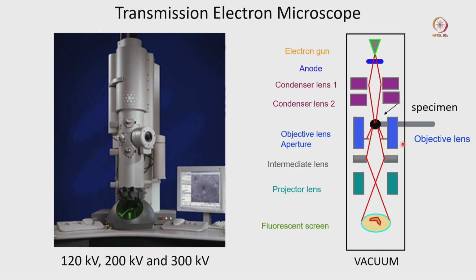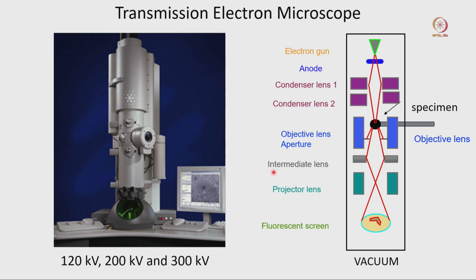Now this is the objective lens where our sample will stay. This is called the stage of the microscope. This is the stage or goniometer, and in the same part, showing the inner part of the microscope, you can see there are two objective lenses, the upper objective lens and the lower objective lens, which we are going to discuss more.